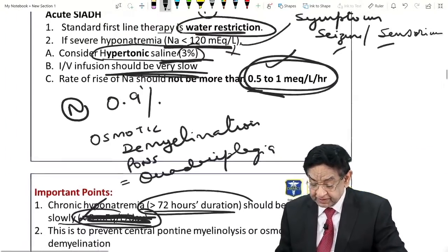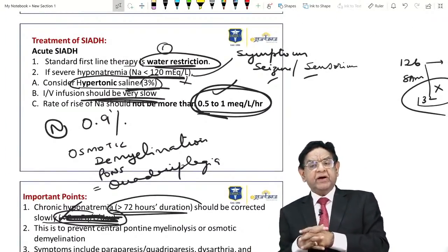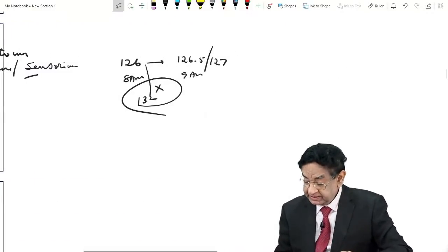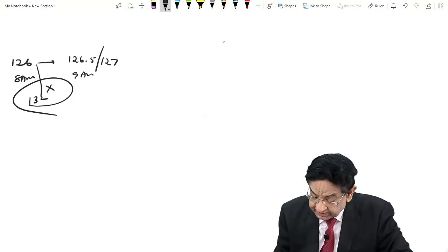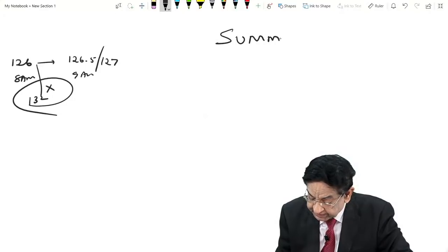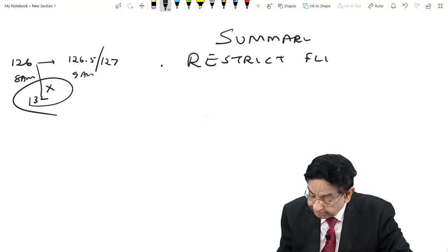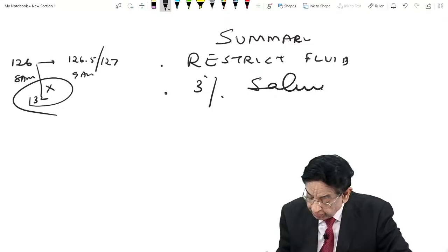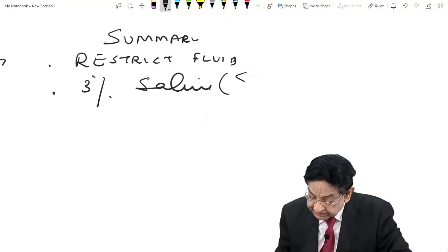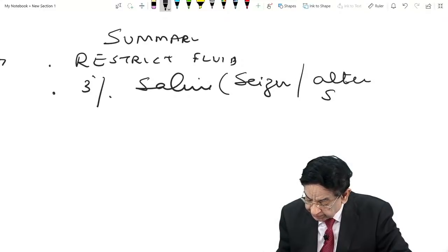So friends, now treatment of SIADH. Summary is: restrict fluid, 3% saline only if seizures, altered sensorium is there.